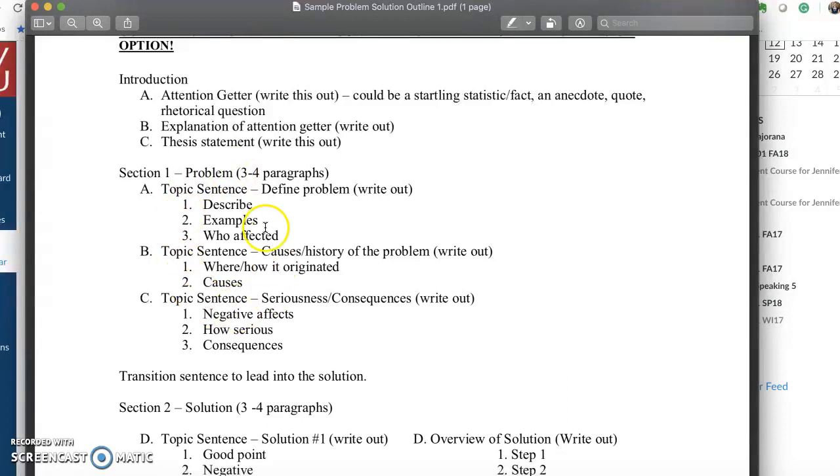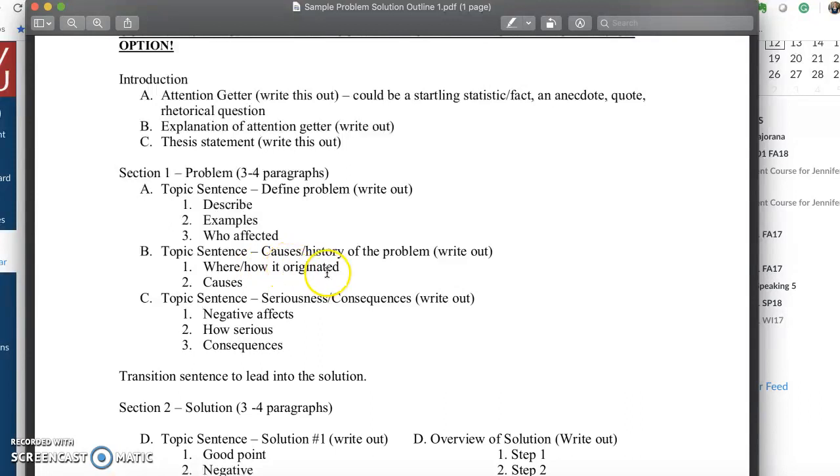Okay, and then you go into section 1, which is the problem, and notice they say 3 to 4 paragraphs. Okay, and they've got A, B, and C. Looks like 3 different sections within this one. So first of all, define the problem, and you should write out your topic sentence here. So describe it, give examples, who did it affect.